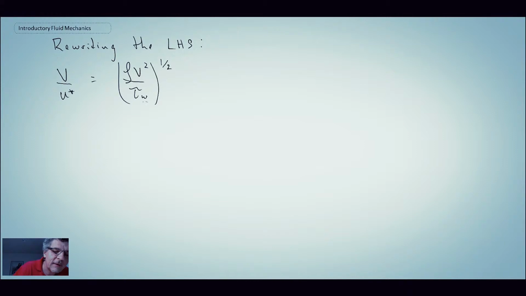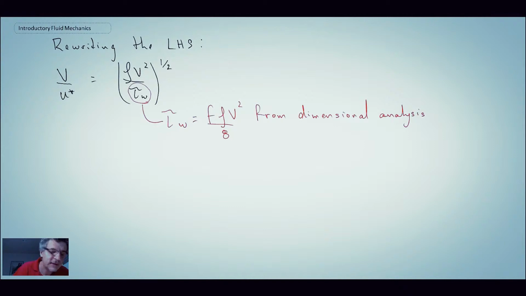So rewriting the left-hand side, and here we have our wall shear stress. This came out of the dimensional analysis, and so with that, we're able to continue on and rewrite this in terms of our friction factor, f, which is a good thing because that's what we're after. So that means we have friction factor on the left-hand side of the equation. Let's get it on the right and we'll be in business.